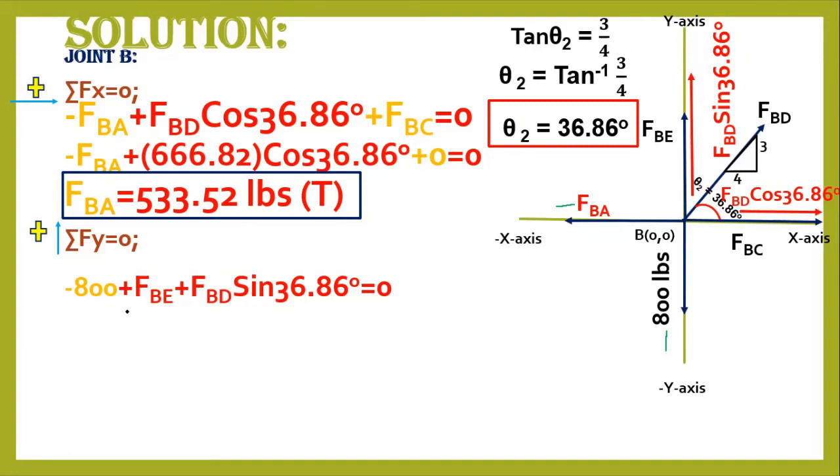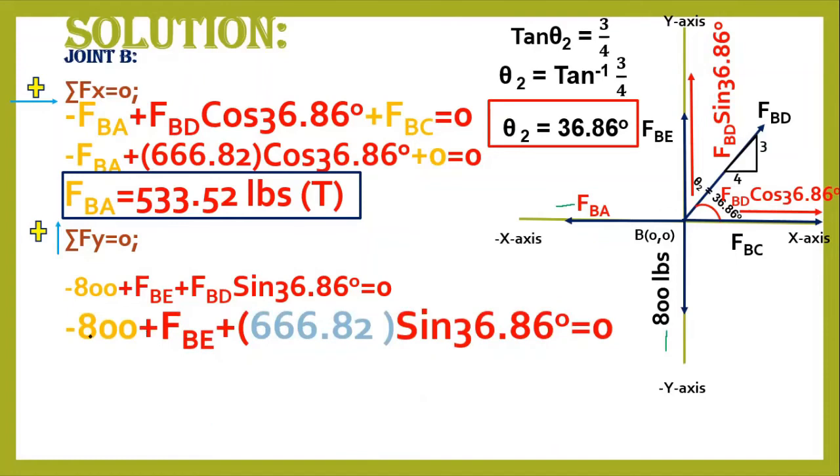So these are the 3 forces I have to sum up here, and I have to find the value of FBE. I already have the value of FBD, that is 666.82. I put in the value of FBD, and then I will get the value of FBE after simplification. You can see in the equation minus 800 plus FBE plus 666.82 sin 36.86 degrees equals 0.